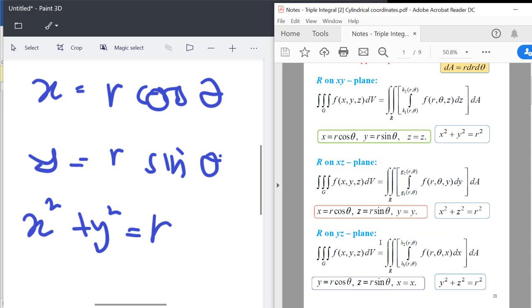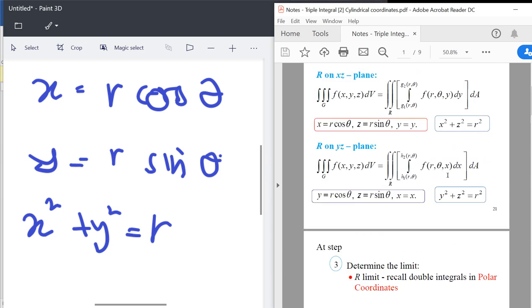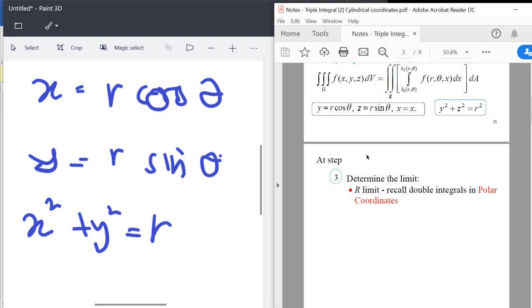If on the yz plane, x remains as x. And dA will always be r dr d theta here. The third step is as usual: we determine the limits, using all the knowledge you have learned in polar coordinates from double integral.